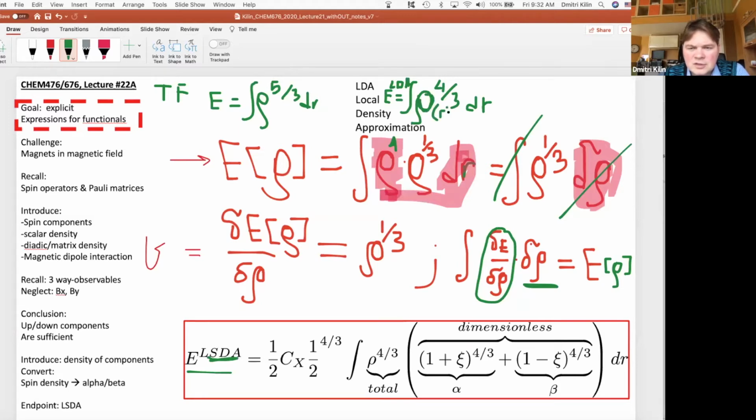So one integrates over all points of space and one uses only density at a certain point. We do not subtract or multiply, we do not do any operations for densities defined at different points. We just take one point and then scan through points and integrate. So therefore it is local. And since it is not absolutely correct, it is an approximation, so local density approximation.